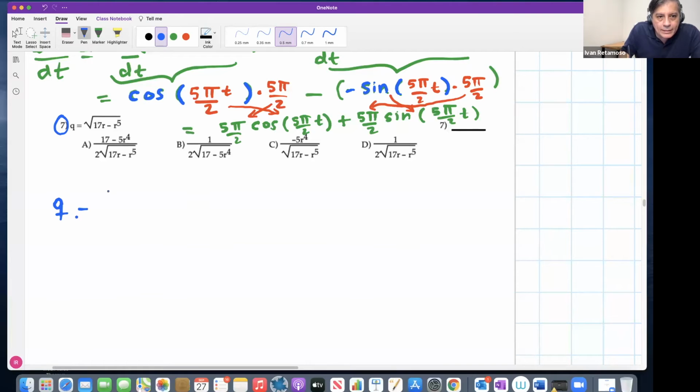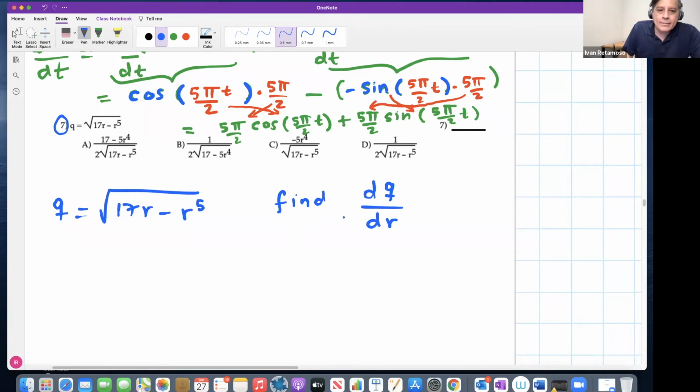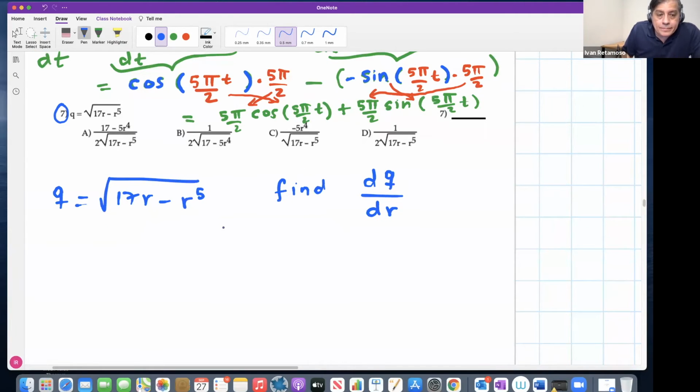Q equals the square root of 17r minus r raised to the 5th power. Find the derivative of the function q with respect to r, okay? So hint, the outside function is in blue, the square root function, and the inside function is this 17r minus r raised to the 5th power.